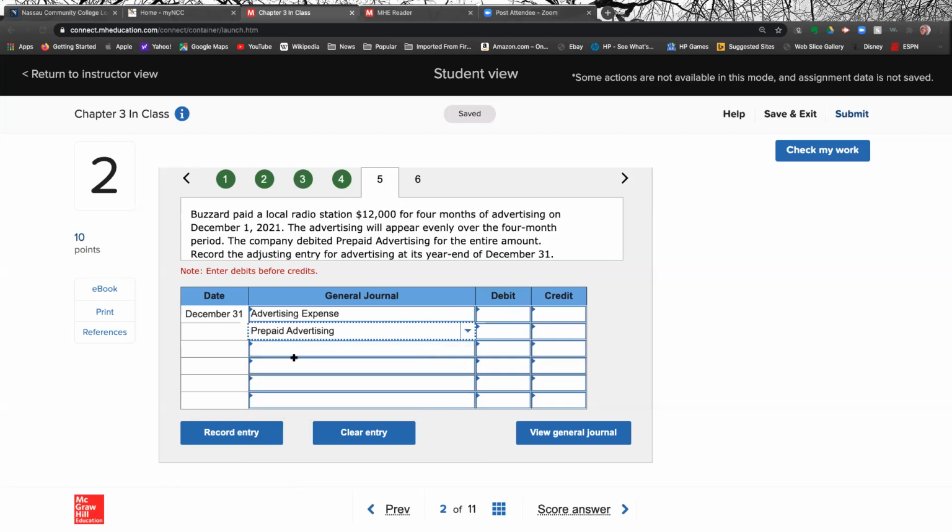Just like insurance expense, prepaid insurance, rent expense, prepaid rent, advertising expense, prepaid advertising. What about the amount? Well, we just figured that it's $12,000 over 4 months, that's $3,000 a month, and the period we're adjusting is how much? It's 1 month, right? From December 1st to December 31st is 1 month, 3,000.